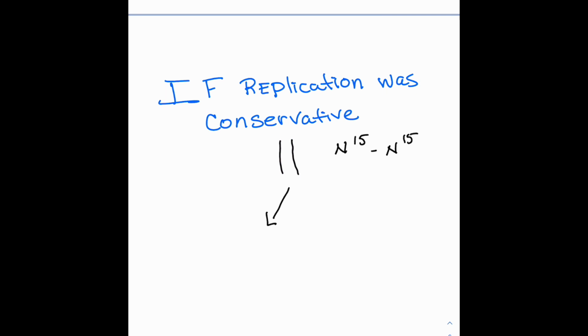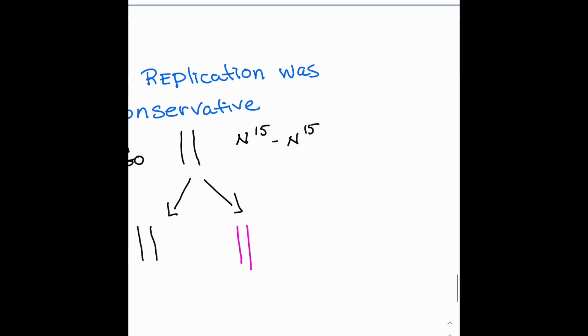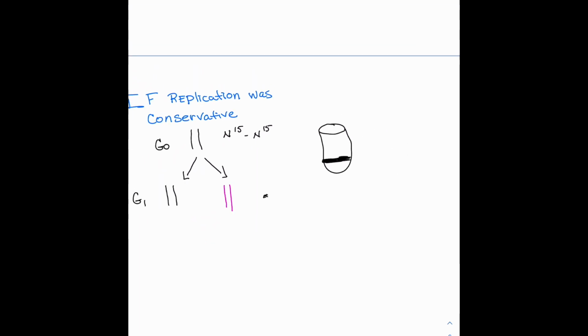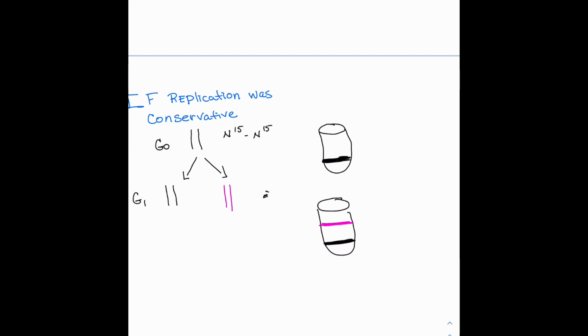Then you would have seen, for G1, because this was our G0, let me mark these down for you, G0, and this is G1. So if I looked at my centrifuge tubes, G0 with just N15 would have been here. And if it were conservative, if it were this model right here, you would have seen two bands at G1, because this band would have been N14, N14, and this band would have been N15, N15.